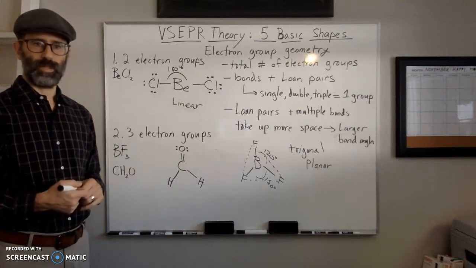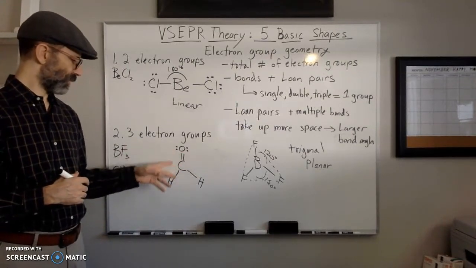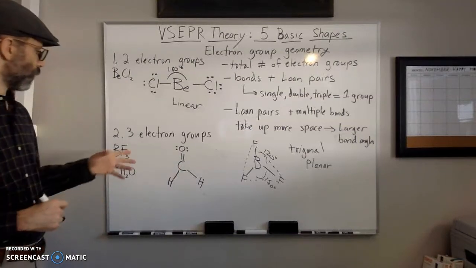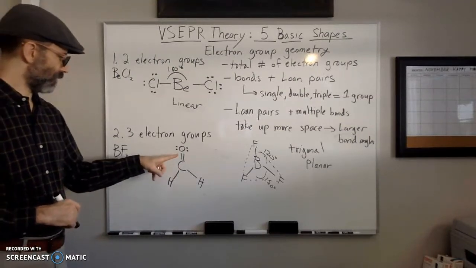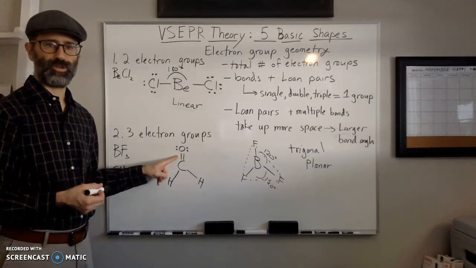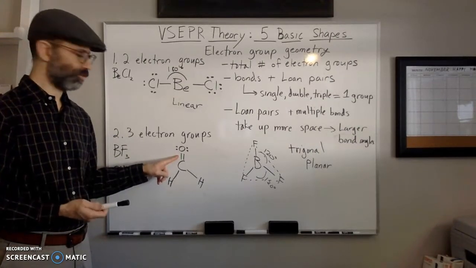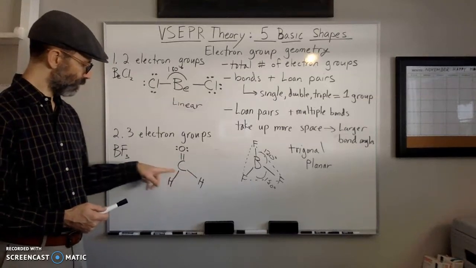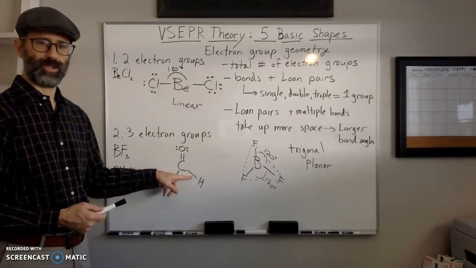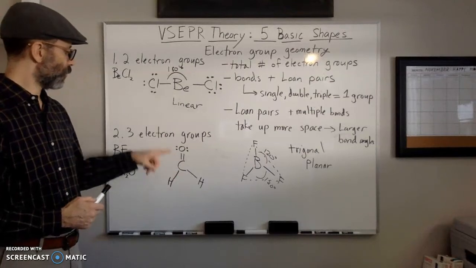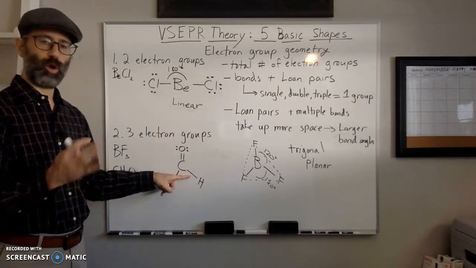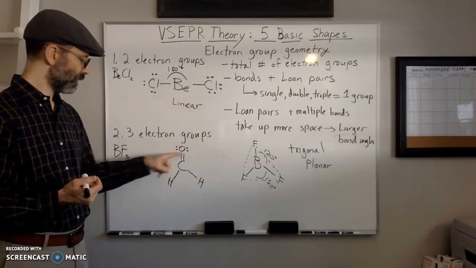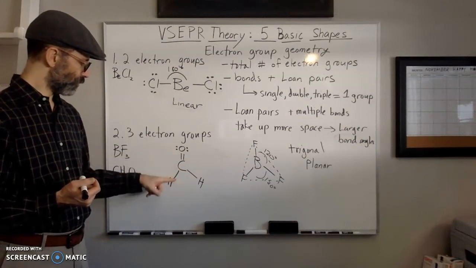That's fine too. The position of these with respect to each other is not really important for your Lewis dot structure. Again, I have three electron groups. I have the double bond here. Remember, the double bond is treated as one group, not two groups. So I have one group in the double bond, and I have a group for each of the single bonds with the hydrogens. So I have three total electron groups, and no lone pairs, so I don't have anything to count there. The total number is 3: 1, 2, and 3.